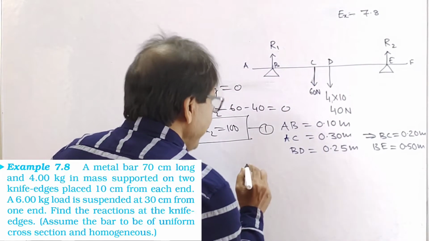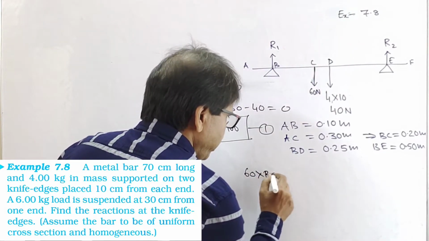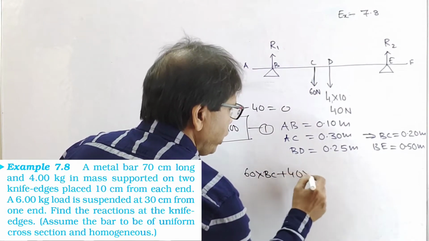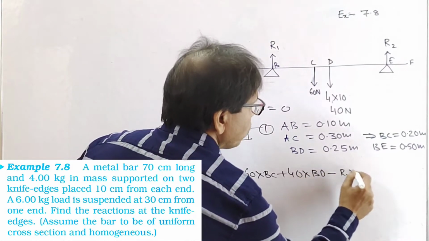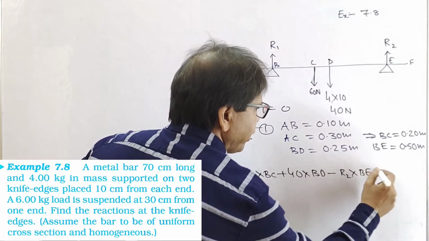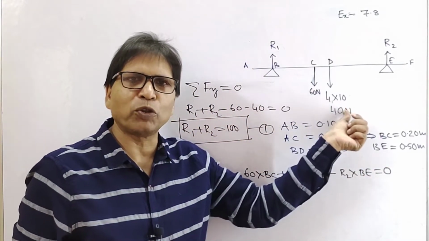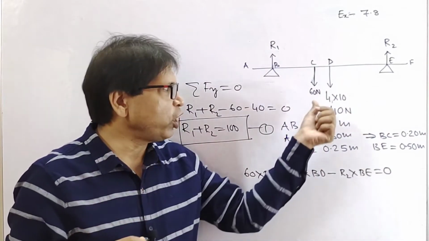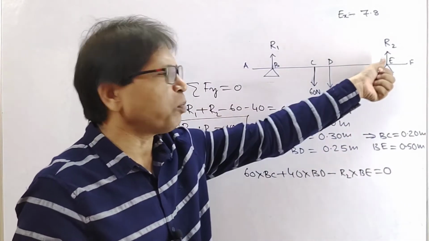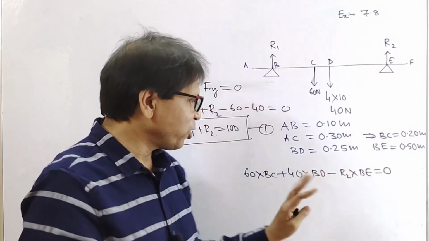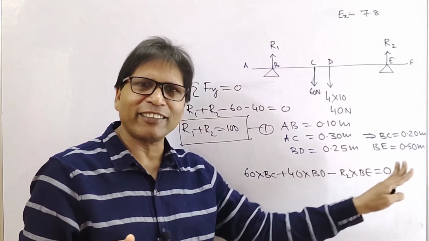Therefore 60 into BC plus 40 into BD minus R2 into BE equal to 0. Because this force and this force produce clockwise torque and this produces anti-clockwise torque, so clockwise torque minus anti-clockwise torque is equal to 0.